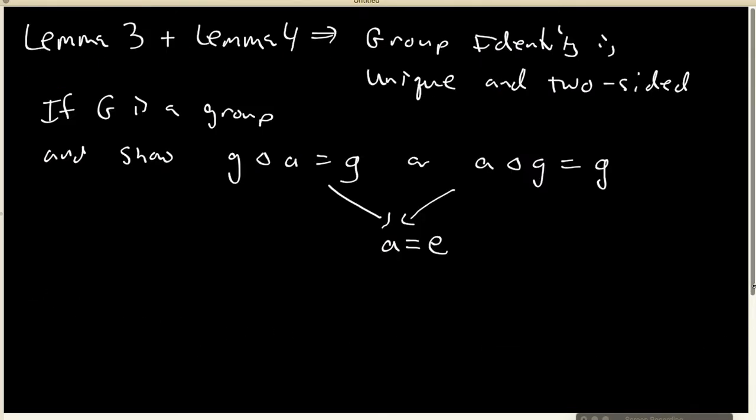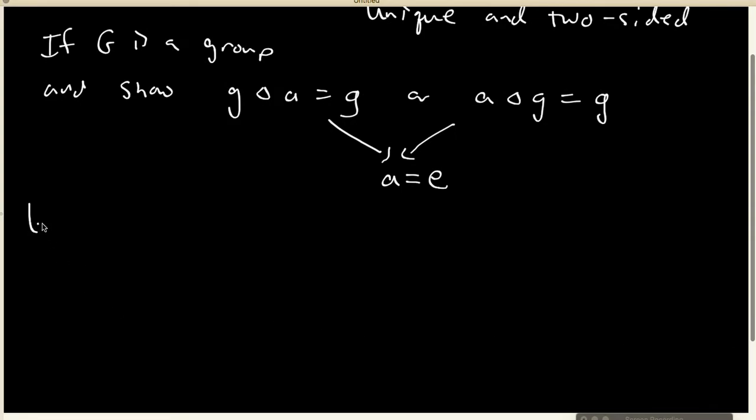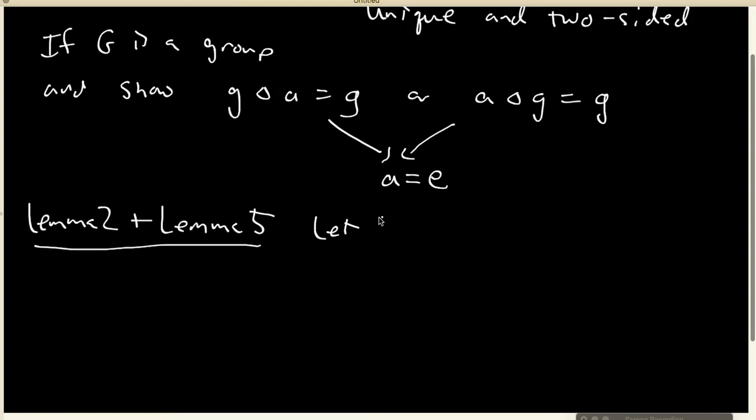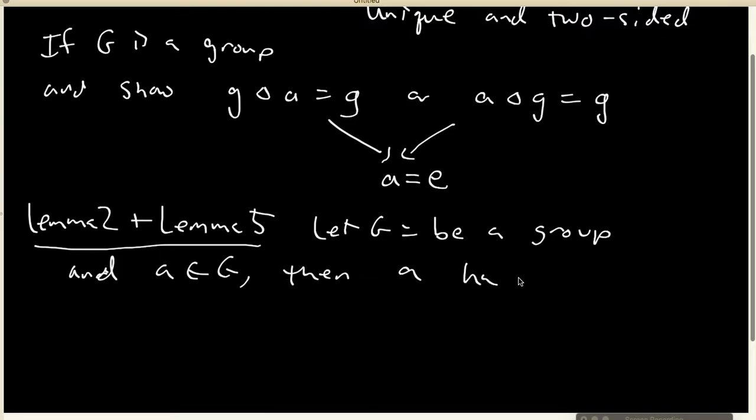So lemma 2 plus lemma 5 say that if we are in a group and A is an element of that group, then A has a unique two-sided inverse element.